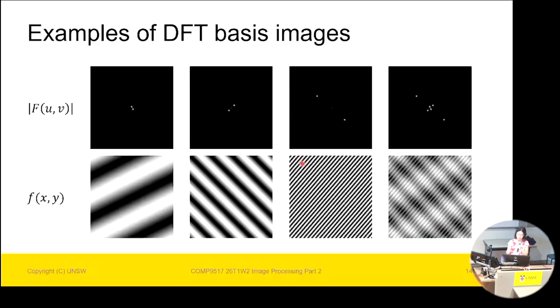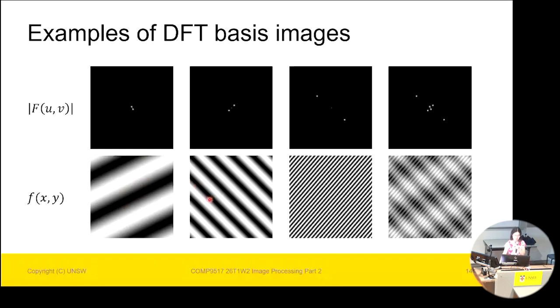Here is a more intuitive realization of what this frequency domain represents. If I really just show the output of this matrix, if you have this input image, the output will look like this.